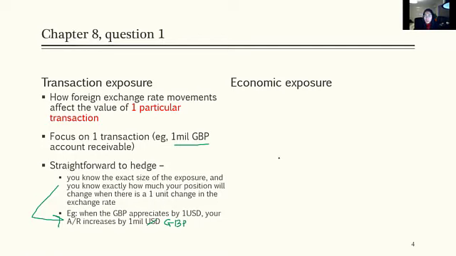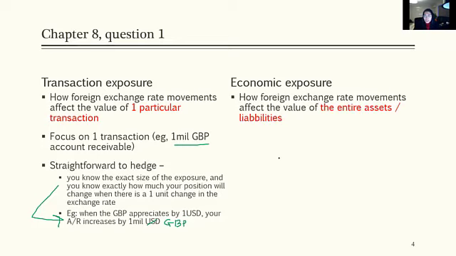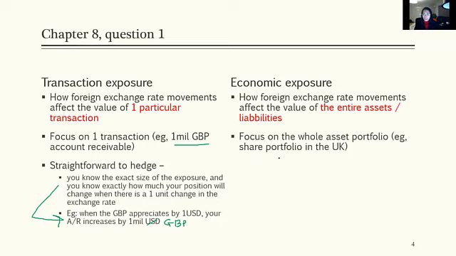With economic exposure, it's a bit more complex because in this case, you're looking at the big picture. You're asking how foreign exchange rate movements can affect the value of your entire asset or liability portfolio. So the focus here is on the entire asset portfolio rather than one single transaction.